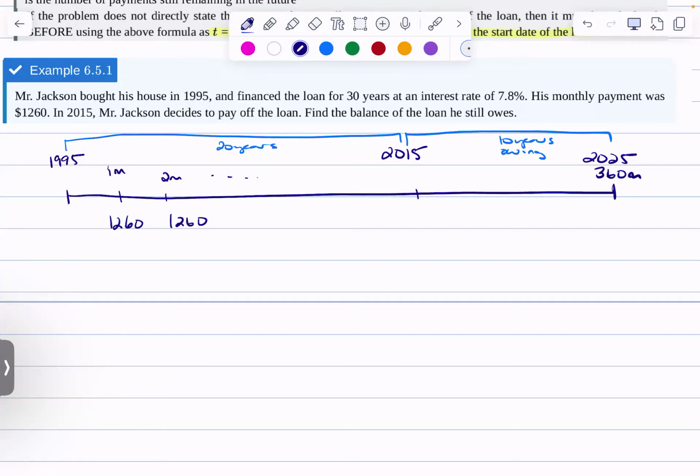Which means that I'm going to start at the 1 month mark again here, because now I'm going to pretend that these are just a new set of payments and I want to find the present value of them. 1 month, 2 months, all the way to, and I'll bump this up, in 10 years, there's 120 months.